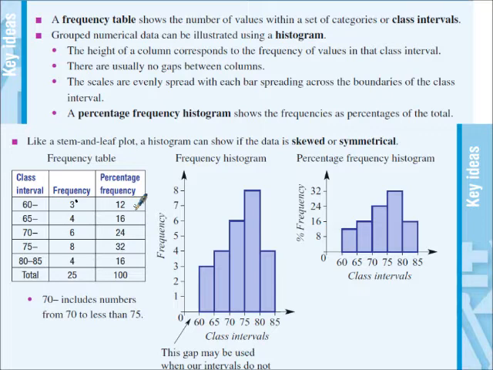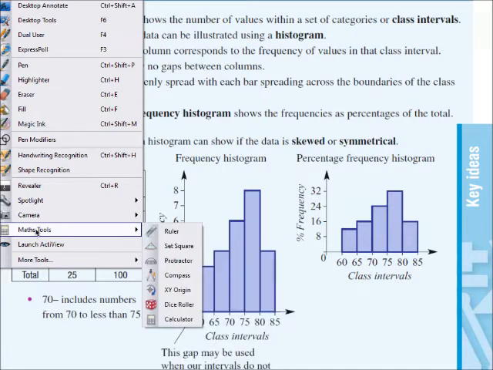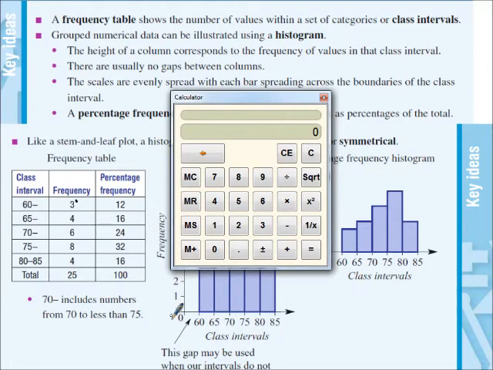I'm assuming that you all know how to do that. Let's get our calculator out. 3 divided by 25 times 100 to turn it into a percentage. 12. So 12 is what goes in this percentage frequency cell here.